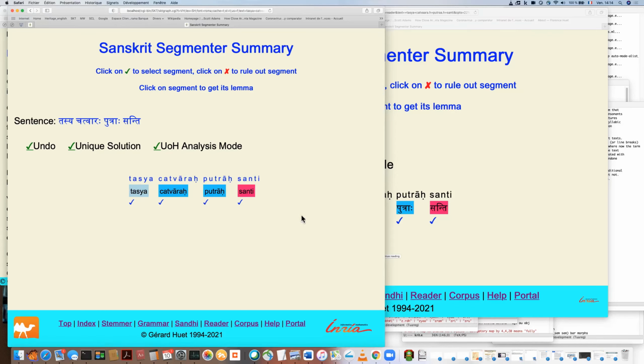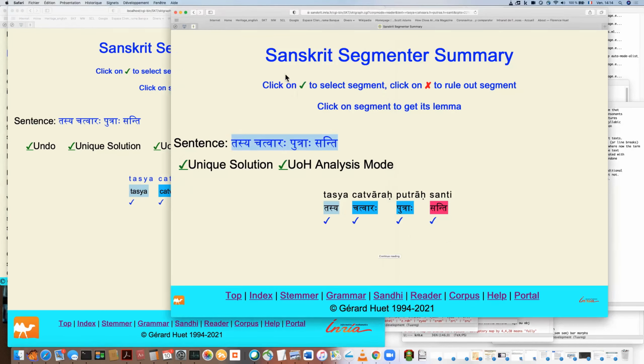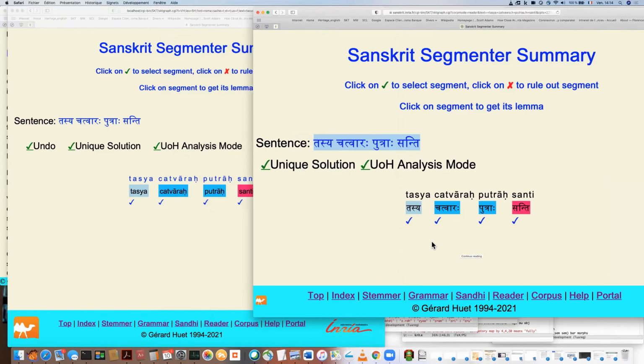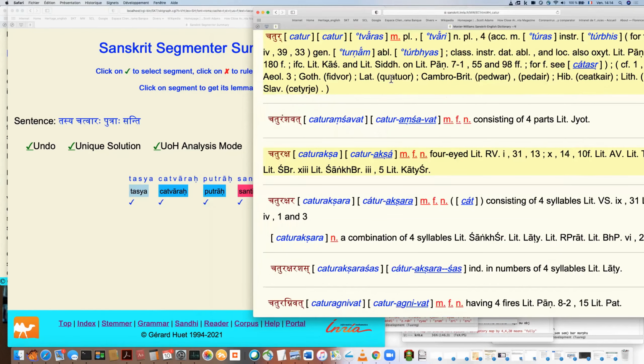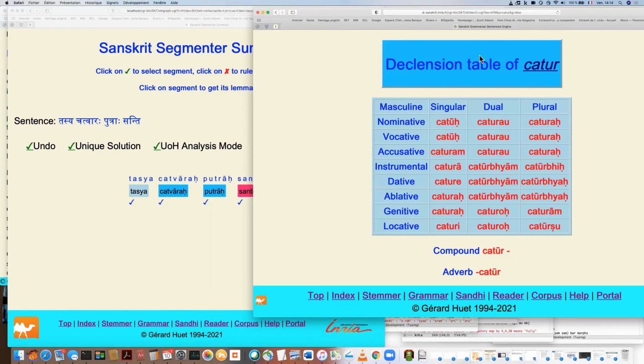Okay, so maybe here when I was preparing this course, I was looking, everything is fine. So here we have Chatur. We have Chatur in Monier-Williams, it means 4, yes. Oh, but here, if you press this M, then you get all kinds of nonsense.